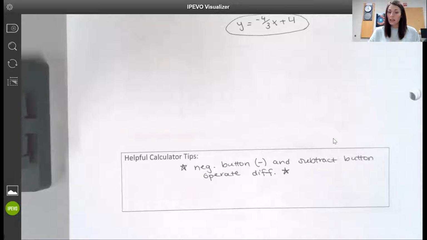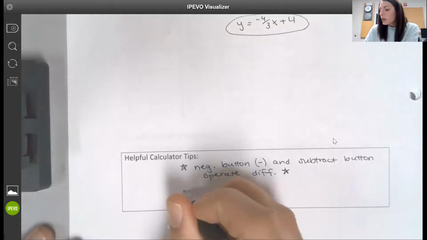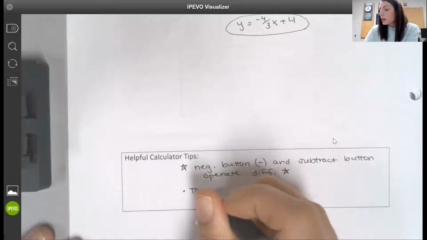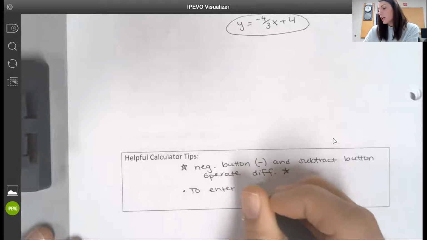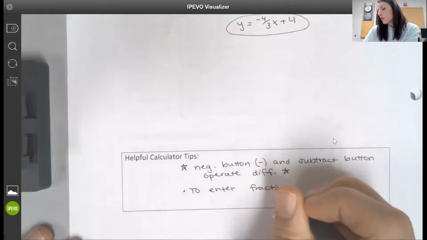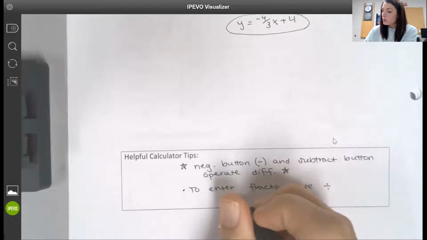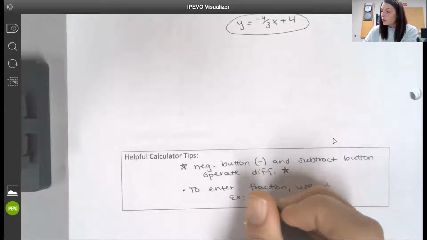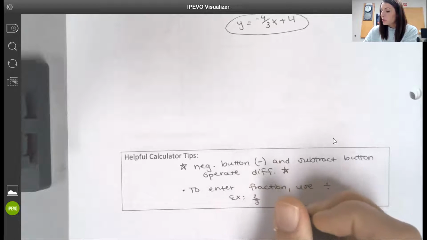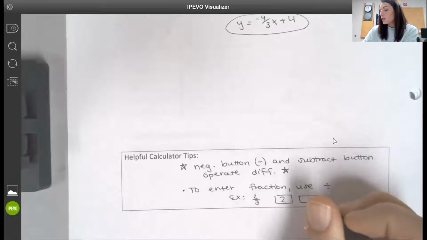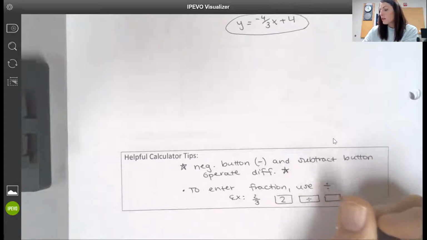So there's a button assigned to making a negative number. To enter a fraction, use the division button. So for example, that 2/3 that we have up above, I'm going to enter 2 divided by 3.